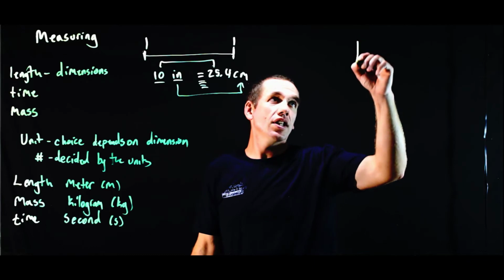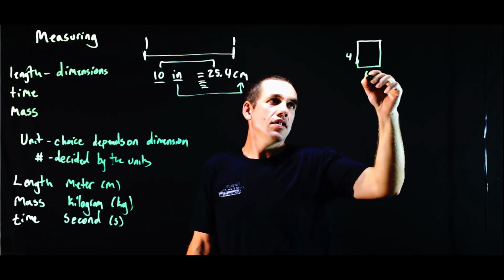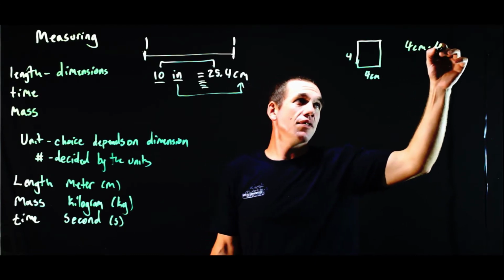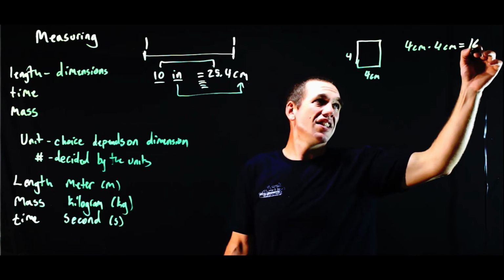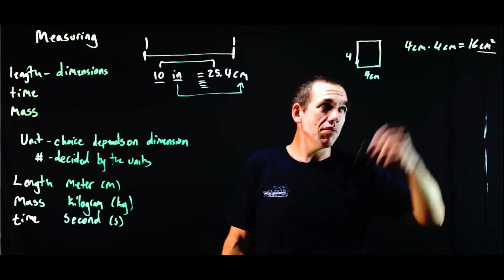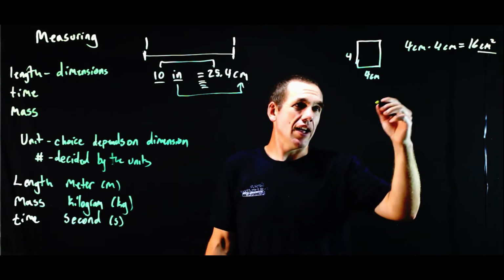Like, for instance, we could get an area. If this is 4 centimeters and this is 4 centimeters, then the area, 4 centimeters times 4 centimeters, is equal to 16 square centimeters. Okay? A square centimeter doesn't describe a length. A square centimeter describes an area. We could describe a velocity.